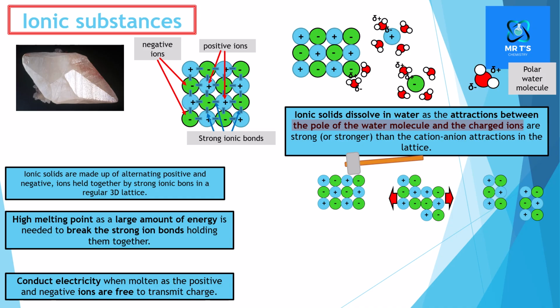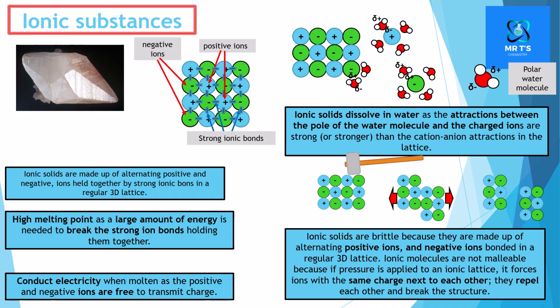Why is it that these substances are brittle? Well, if I was to hit a substance with a mallet with a large force, I would disrupt the lattice. As a layer of the lattice moves, the positive ions come in contact with positive ions, the negative ions with negative ions.